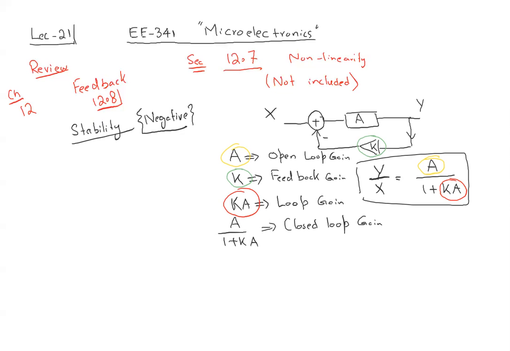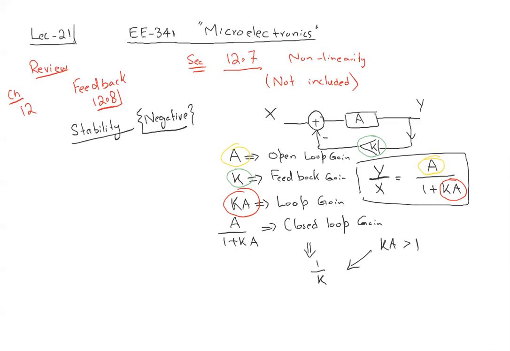And we concluded previously something that I will reiterate. When KA is very much bigger than 1, the closed loop gain becomes equal to 1 over K for this condition. These are things we have previously discussed.